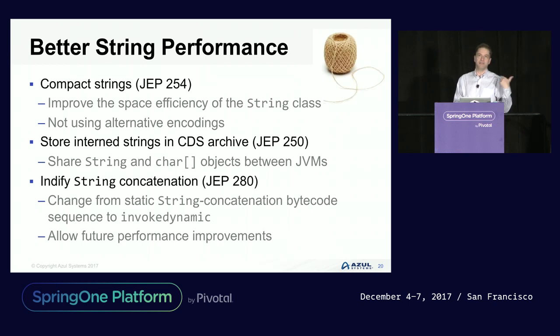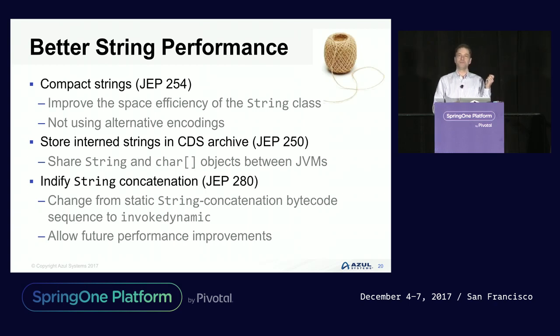They use like ASCII, ISO 8859-1, 2, and so on. So now the JVM will do that. The way that works is that there's a flag at the beginning of the string that says, is it an 8-bit encoding or is it a 16-bit encoding? If it's using ISO 8859-1, it sets the flag to say, yes, it's 8-bit encoding, and it effectively halves the size of the string that's used by the JVM.